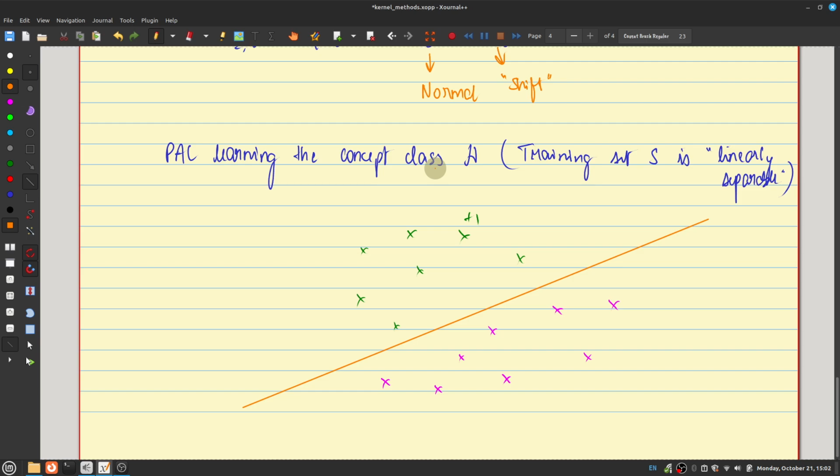It means that if the ground truth belongs to the hypothesis class, then you can learn it with certain guarantees. So these are two different frameworks. It depends on what your assumptions are.